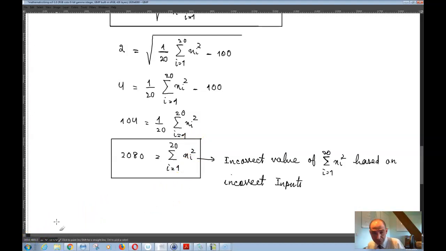Okay, so now I can use the same formula in order to calculate the actual value of standard deviation.